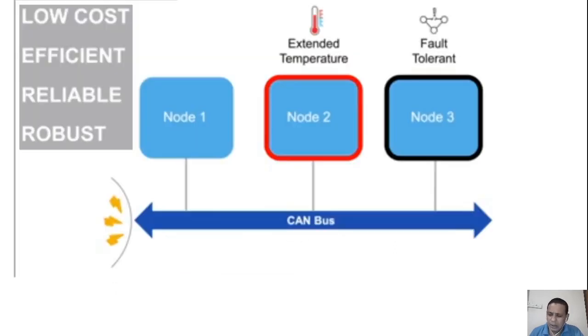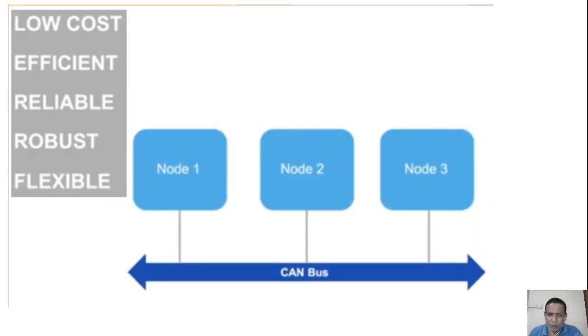And again, a fault tolerance mechanism is also used in the CAN bus. Fault tolerant means if there is some error, a correction mechanism will also be there in the case of a CAN bus. Again, the CAN bus is highly flexible also. Flexible means if you want to add one more node, suppose here one node is power steering, this is power window, this may be airbag.